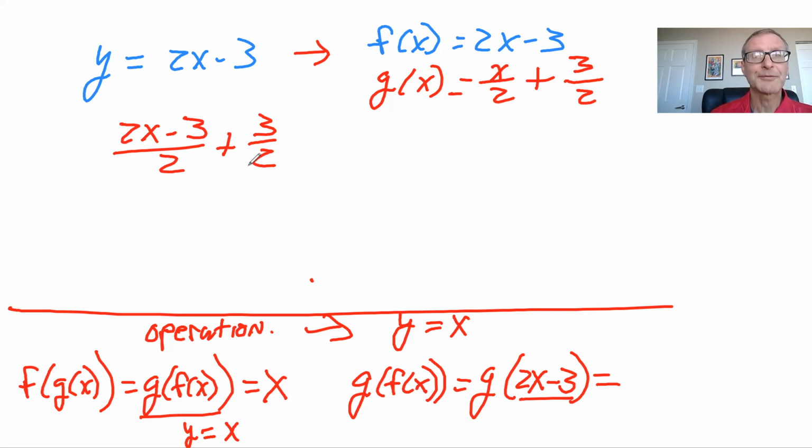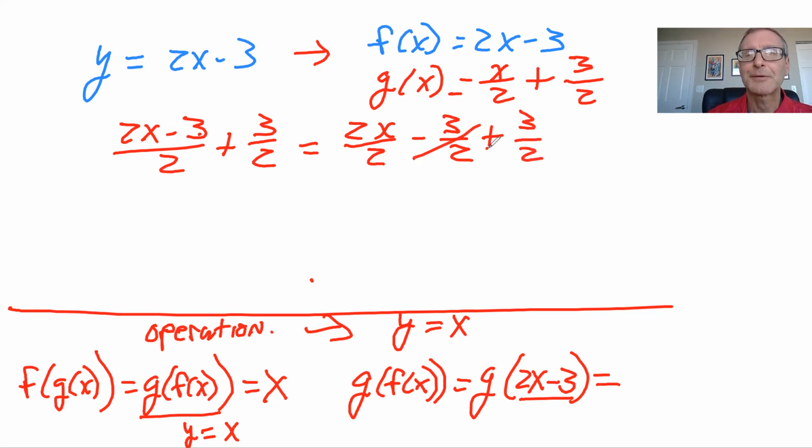Let's do a little bit of simplification. We could rewrite it as 2x over 2 minus 3/2, by splitting this up and putting the denominator under each one of those terms. And then you get plus 3/2. You can see these two cancel and give us 0. This goes to a 1, and you can see that equals x. I'll leave it to you to do the other one.